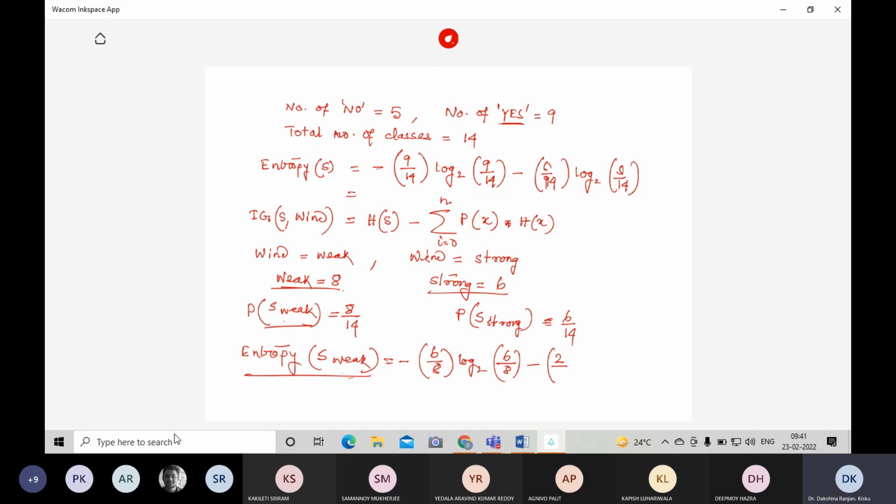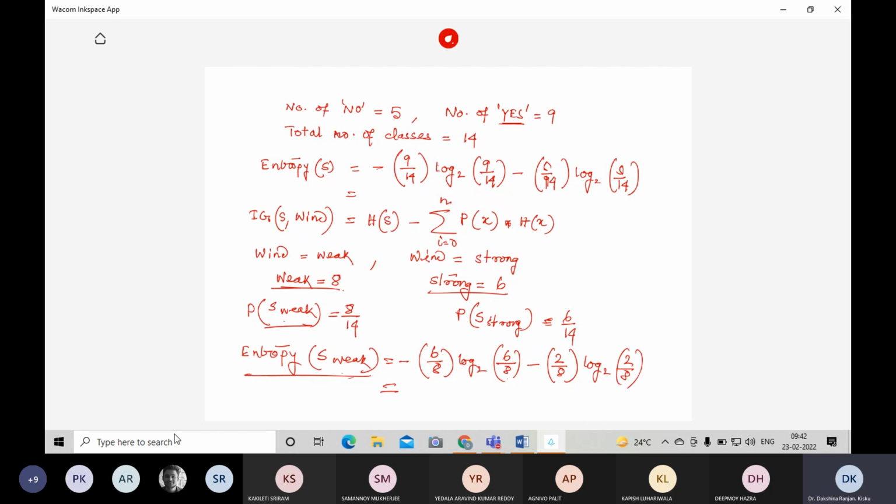So we get the entropy over weak values, which is given by minus 6 by 8 log of 6 by 8, minus 2 by 8 log of 2 by 8. So this will give you some value, which is referred to as the entropy over weak values.